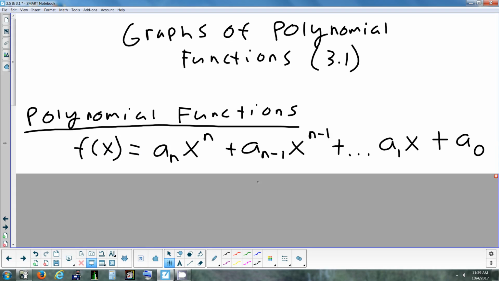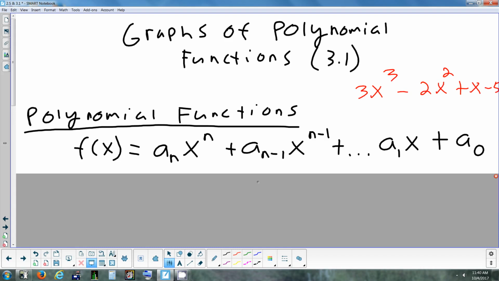Then maybe 3x, and then finally plus 5. So when you write out something like this, we just write it from the highest exponent, and the number on the exponent goes down by 1 each time. And the a sub whatever it is, that's just the number in front.